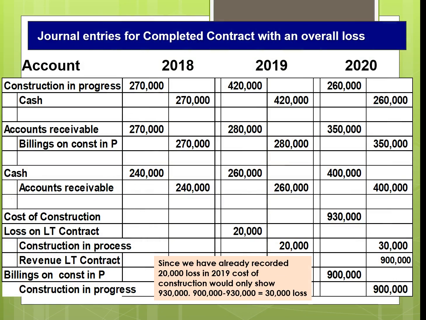All right, so again, if we look at this in 2019, if you notice, we've got loss on long-term contract, construction in process, and then in 2020, we're going to record 930 as our cost because we've already recorded a portion of that loss. We're going to take out the other 30,000 of the total 50,000 loss out of construction in process, and we're going to book our revenue of 900,000, and this allows us to clear out our accounts.